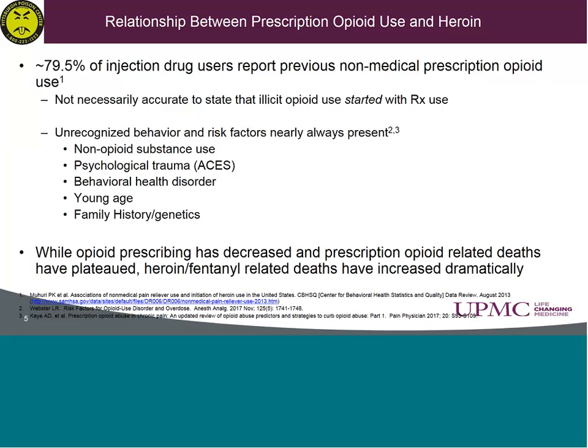However, most patients who do receive a prescription opioid and take it as prescribed, very, very, very few of those patients will go on to develop any kind of use disorder. So just trying to keep in perspective that prescription opioids in and of themselves, and taking away prescription opioids, won't solve this crisis on its own.